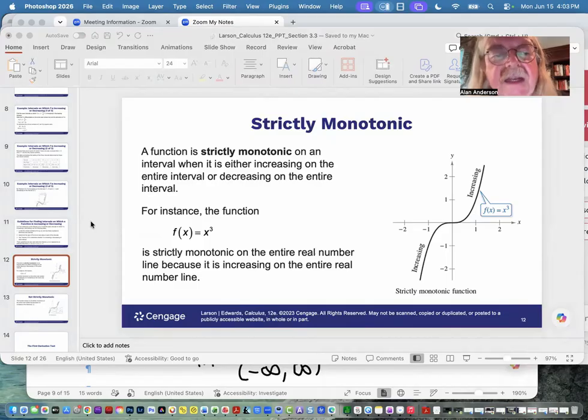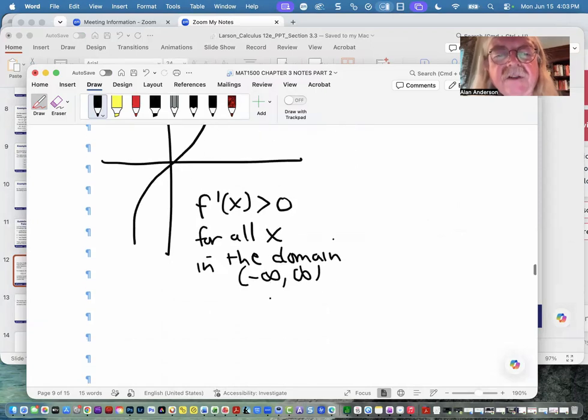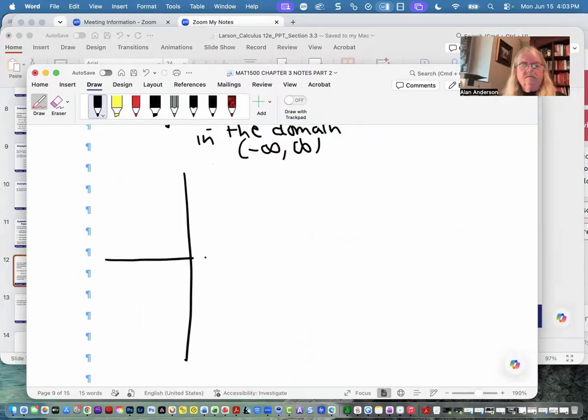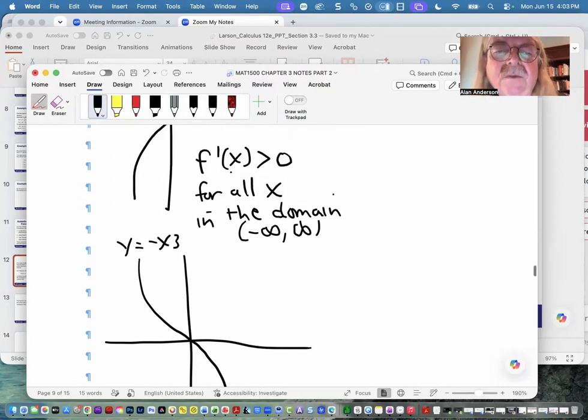If you instead had something like this, let's say instead the function is y equals -x³. Well, of course, everything works in reverse.